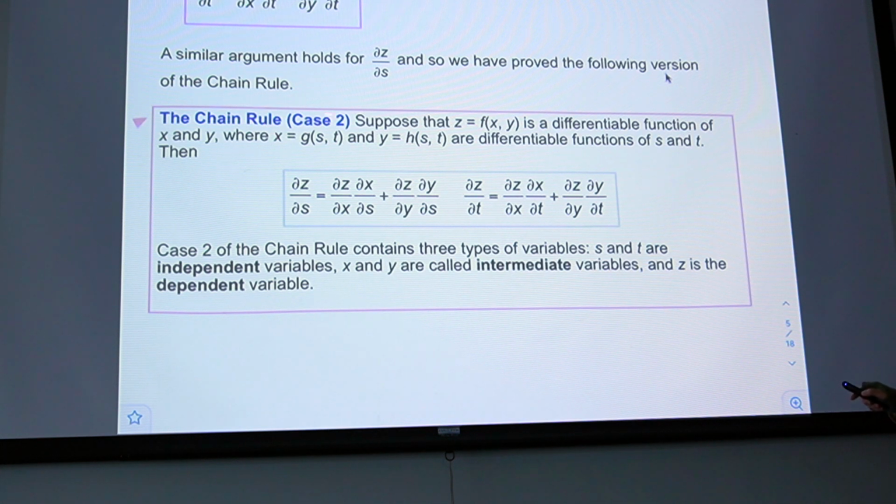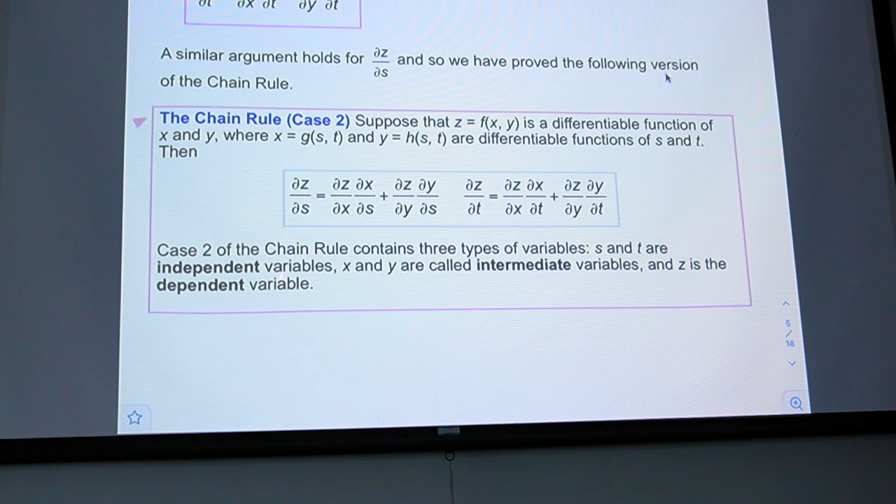And then x and y are functions of s and t, so x and y are dependent on s and t. Because z depends on x and y, and x and y depend on s and t, s and t are the independent variables. x and y are called the intermediate variables.